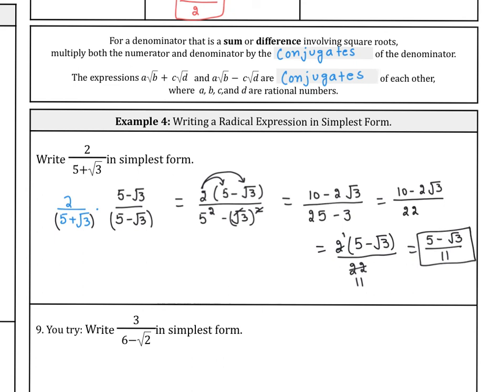So what we can do sometimes is decide which way of writing is better so that we can simplify it more and it's easier for us to simplify. That's why for this 10 minus 2 square root 3, I went back and wrote it in this form, and then I could reduce the 2 over 22.